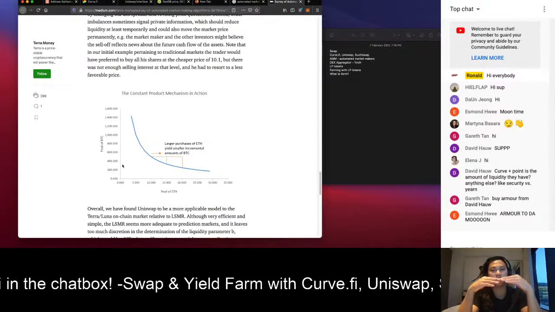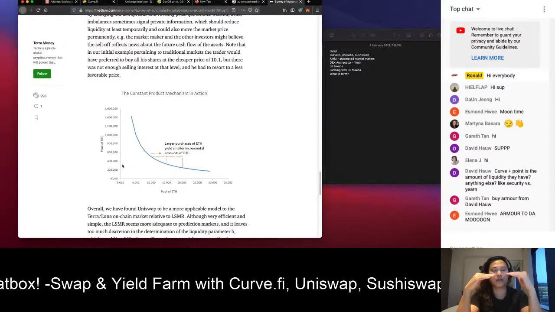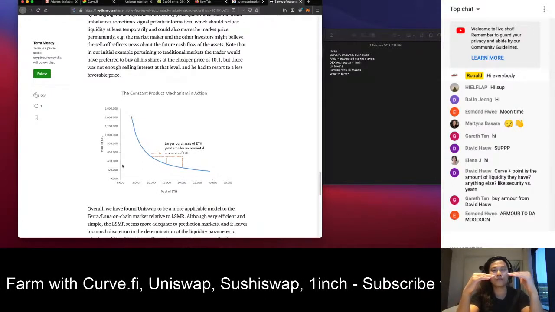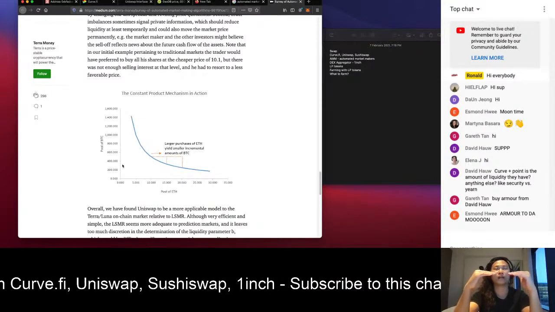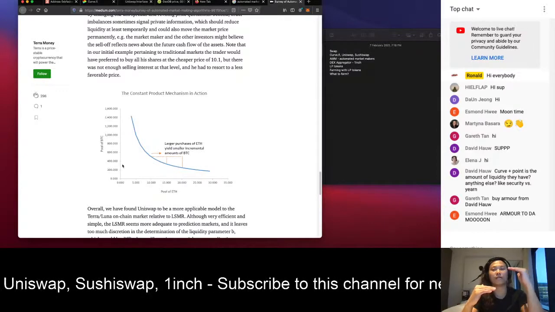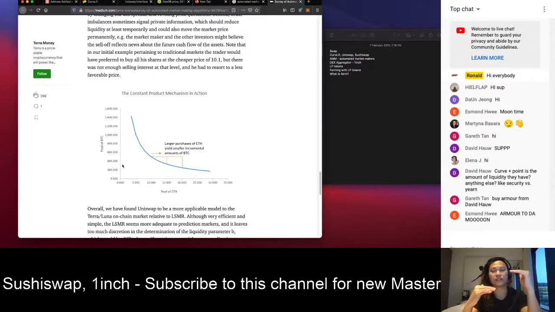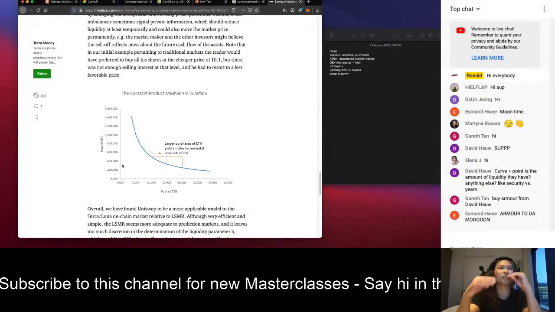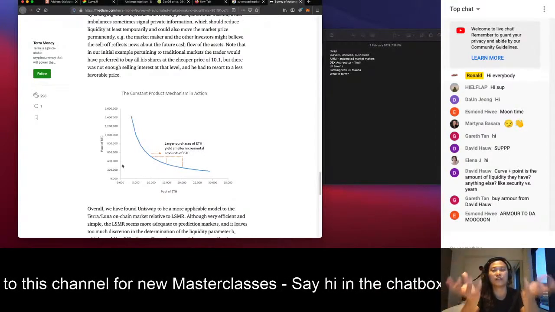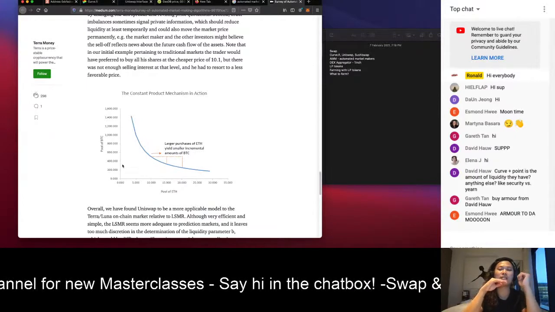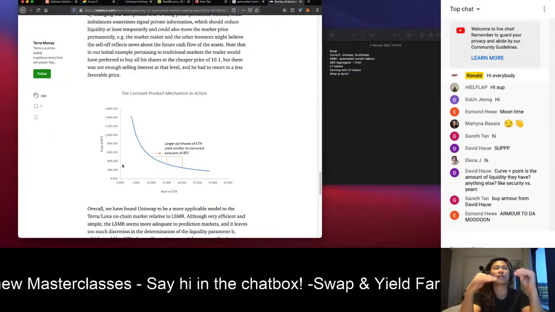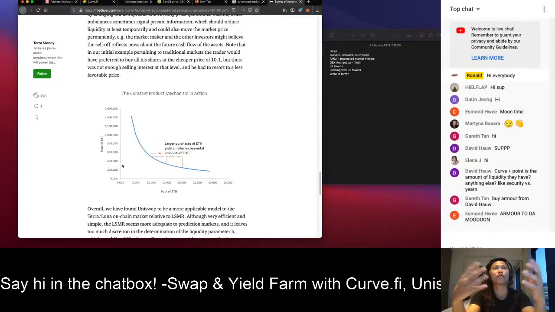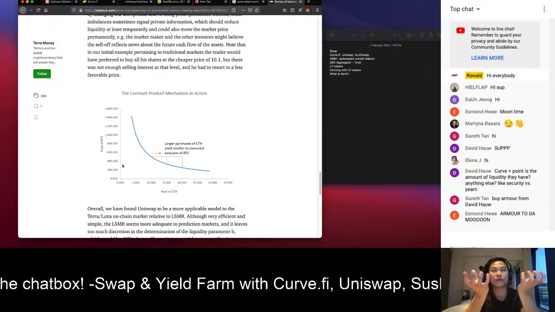So the idea is that we need the value of both to be equal. And if one is being bought away by a lot, then the price has to change such that the values will be equal. And how this value changes is based on the supply within the pool. Because when you enter the pool, you always have to add both of the same value. And when you remove from the pool, you always have to remove both of the same value, right?